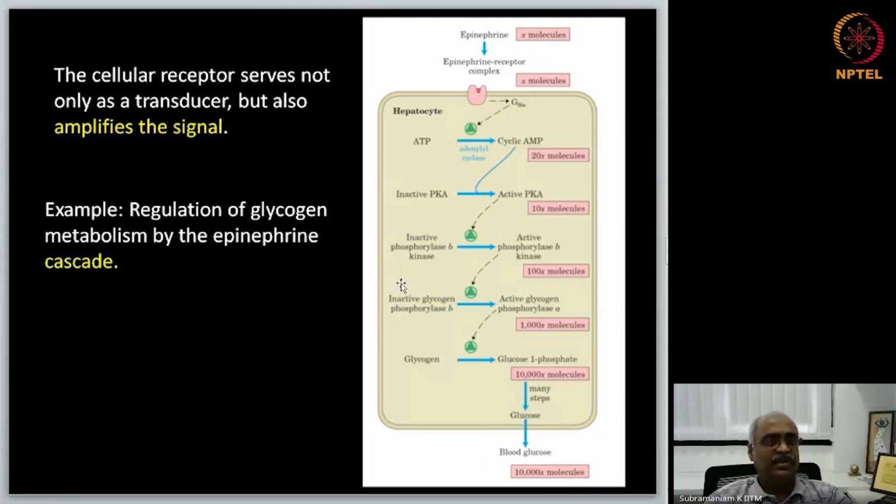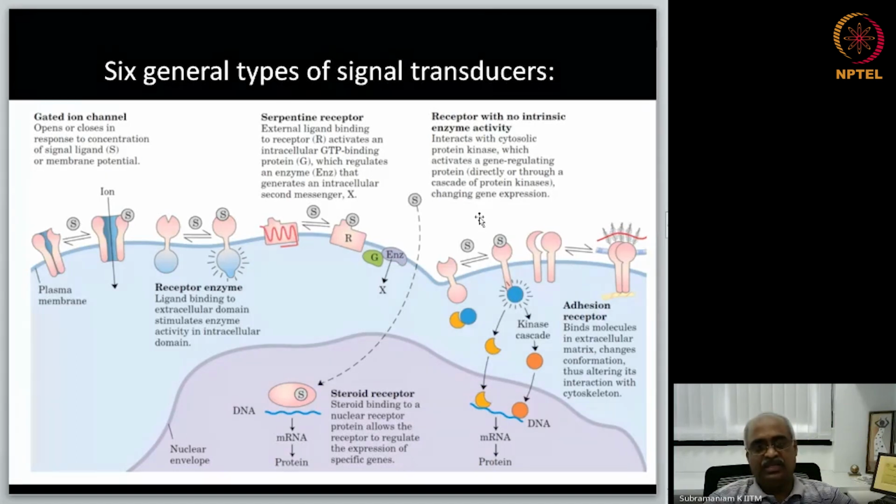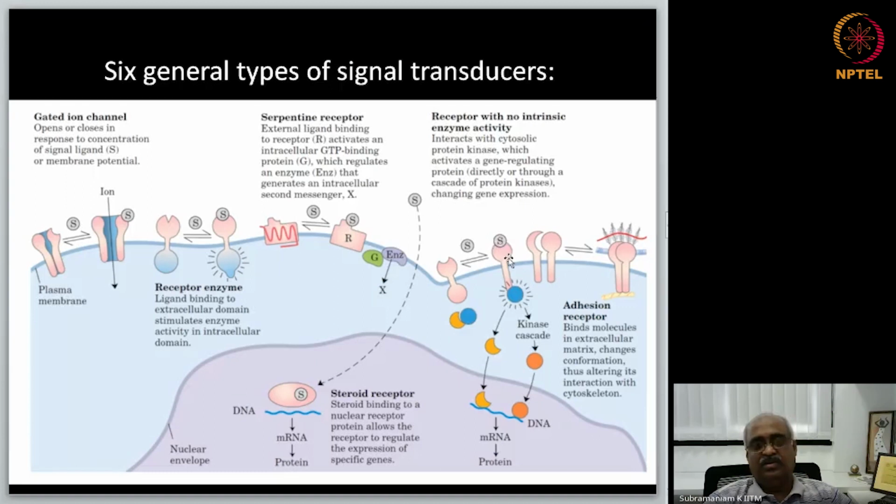The main point here is when you have multiple steps in the transduction, as we saw with respect to this 5th mechanism, where the receptor with no intrinsic enzyme activity, when it binds the ligand, its conformation change activates a protein kinase inside the cytoplasm, and that phosphorylates another protein, and like that you could have multiple steps.